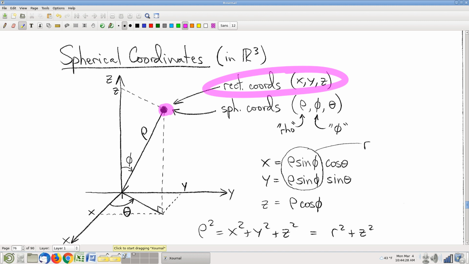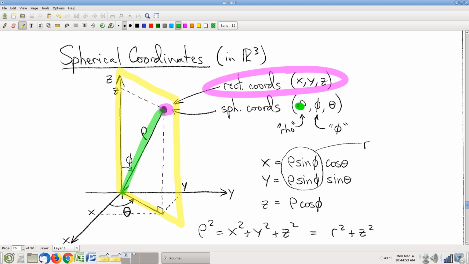Rectangular coordinates, x, y, and z. Here are the spherical coordinates. You have to think about the half plane hinged on the z-axis that contains that point. And then the spherical coordinates are the following.